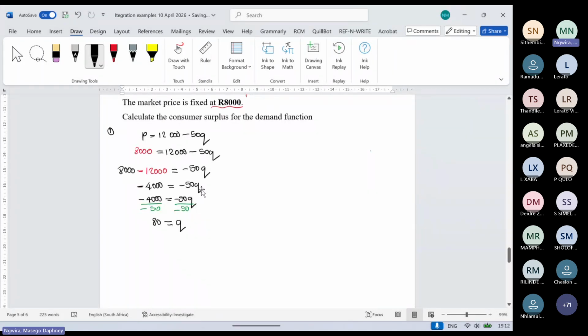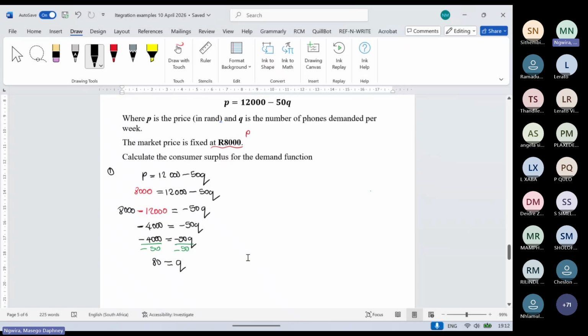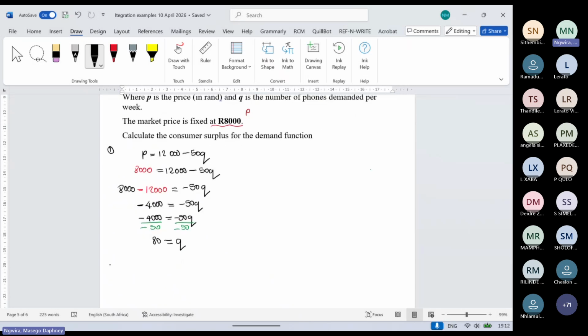Now we have to calculate. We have our Q, we have our P, so now we can calculate our consumer surplus. The second thing you do is calculate the consumer surplus.